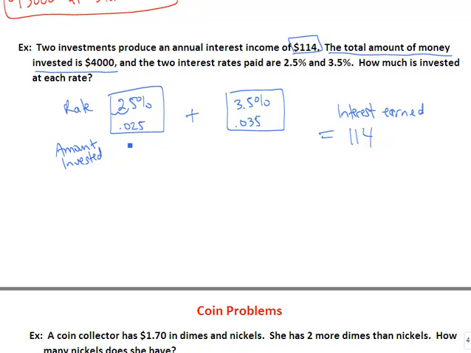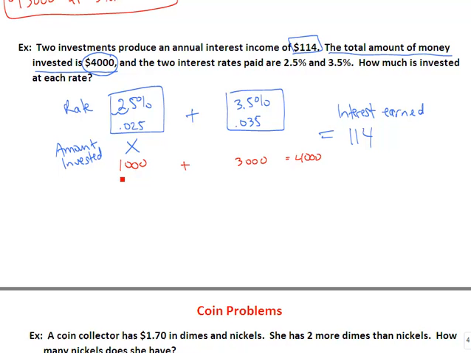So let's say that we put x dollars in the 2.5% account. How much would we have to put in the 3.5% account to make sure that we're investing no more than $4,000? Well, for example, let's say that I put $1,000 into the first account. That would mean I would need $3,000 in the second account, so it adds up to $4,000.